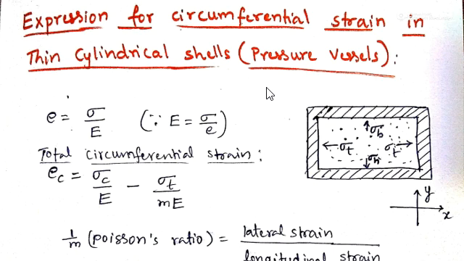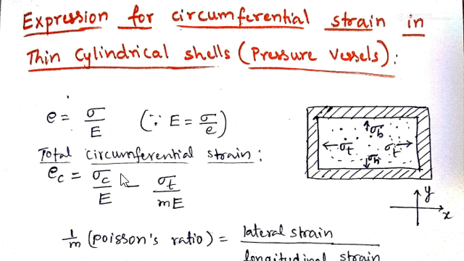To write the expression for circumferential strain, from the basics we know that Young's modulus is stress by strain. From that, strain is stress by Young's modulus. Here we require circumferential strain, so we write circumferential stress by Young's modulus.